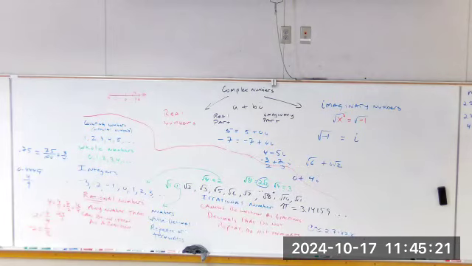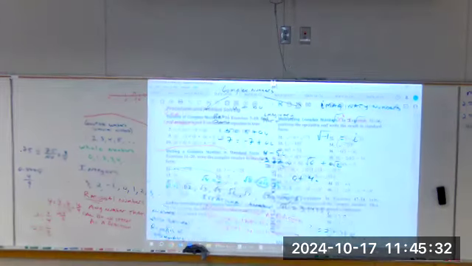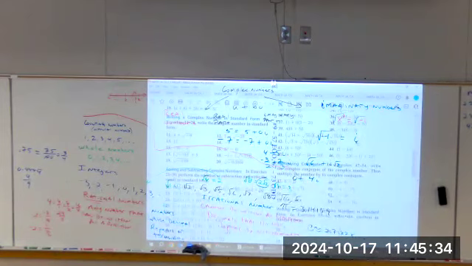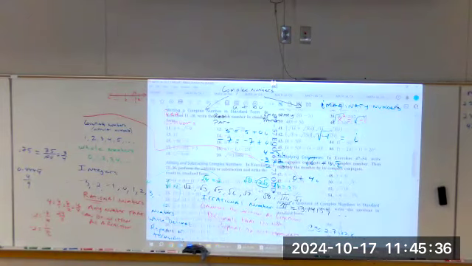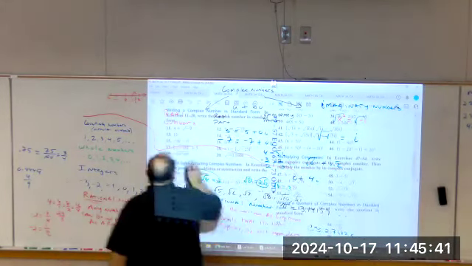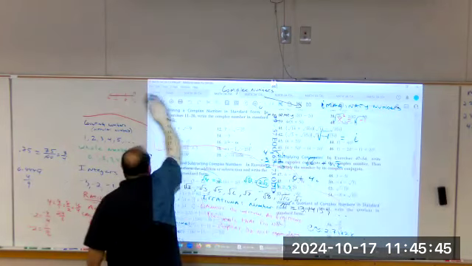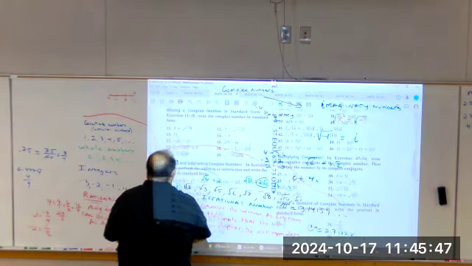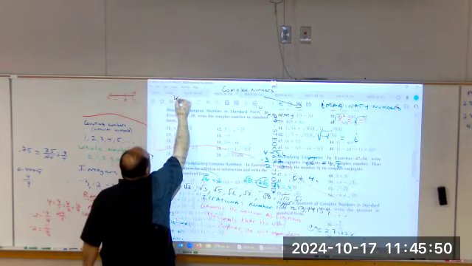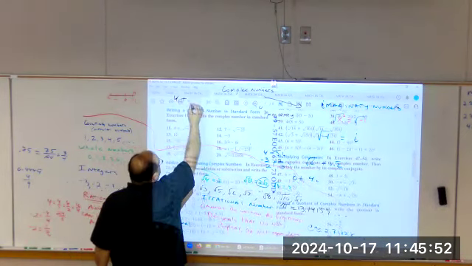Before we get out of here, though, I am going to show you number 11. All they want you to do is to write number 11 as a complex number in standard form. Number 11 is 4 plus square root -9.